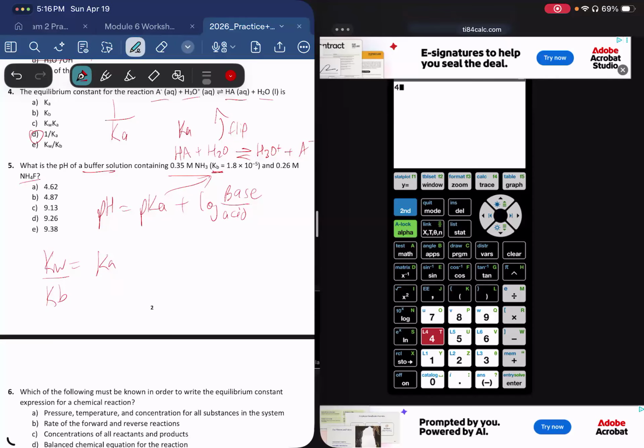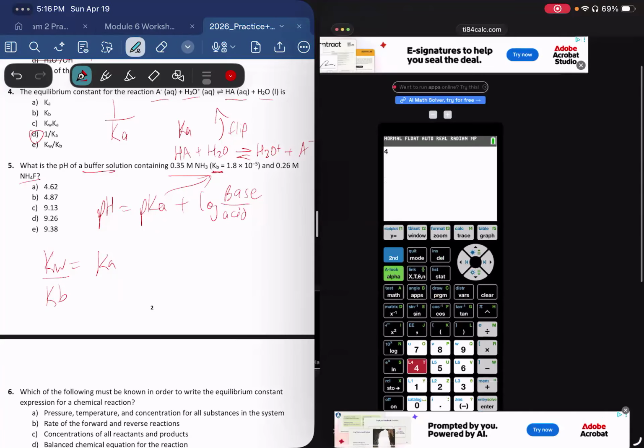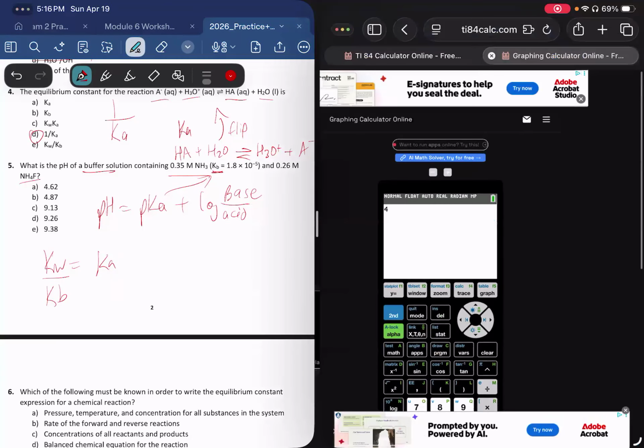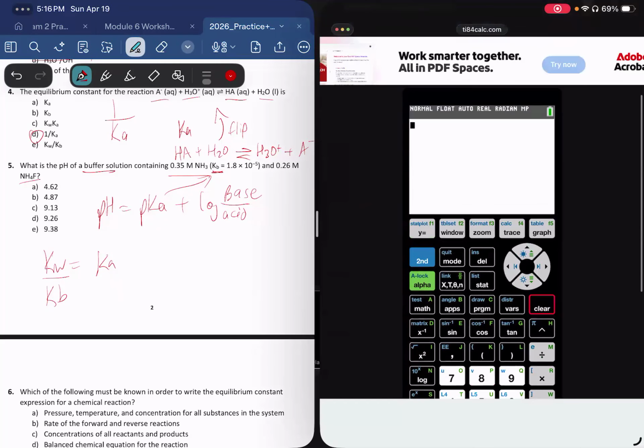So I'm going to do this on the calculator. Why is the calculator not working? One second. The calculator is not working. There you go.